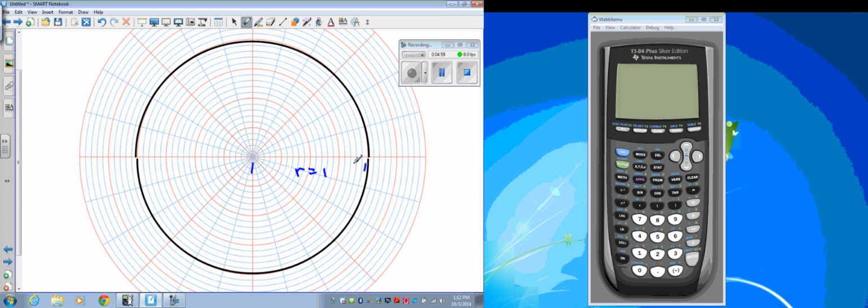Now, this particular point right there has an ordered pair of what? X is 1, Y is 0. Now, if you go clear back to the beginning of what we talked about, the sine of an angle is equal to Y over R, right?